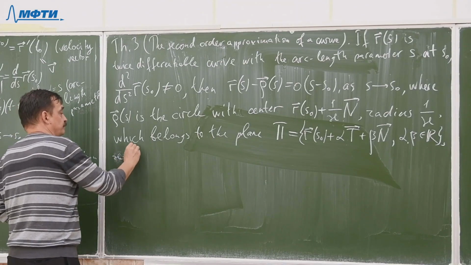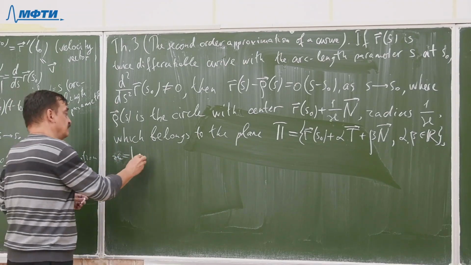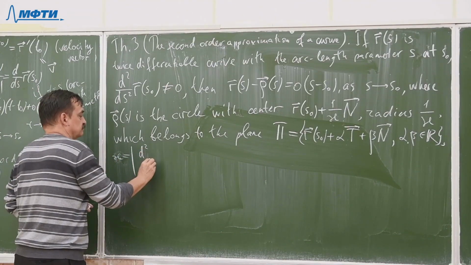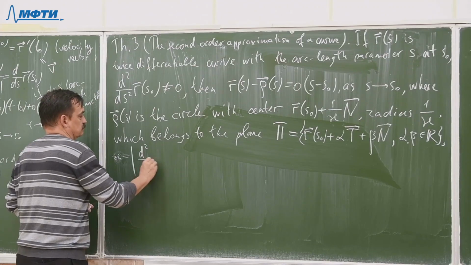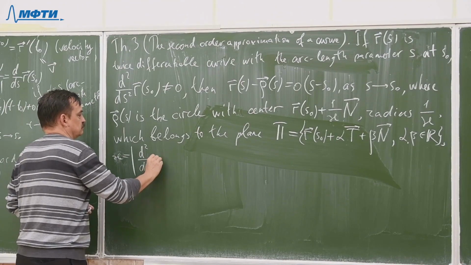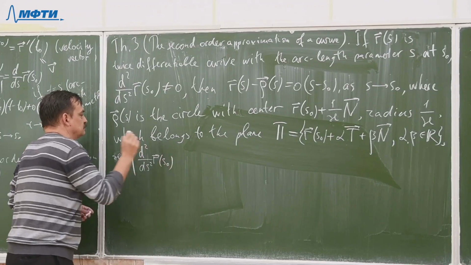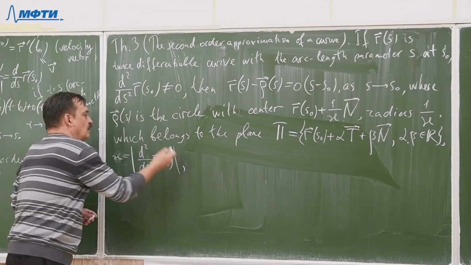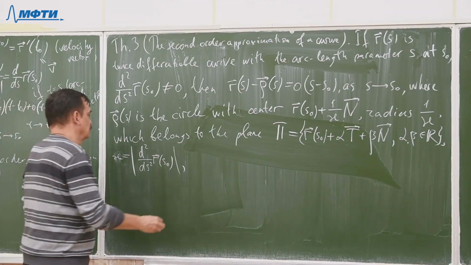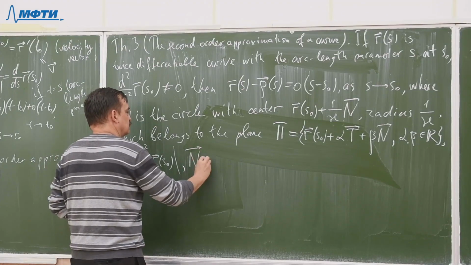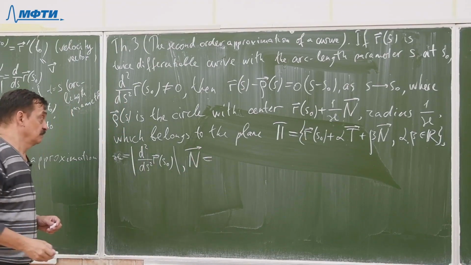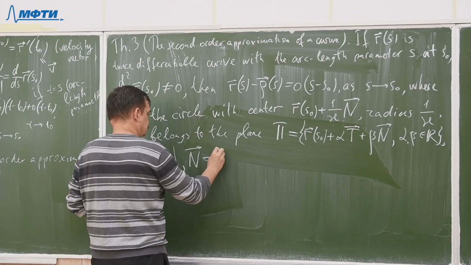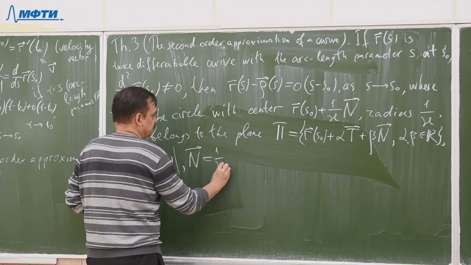Kappa is the length of second derivative and n is normalized second derivative.